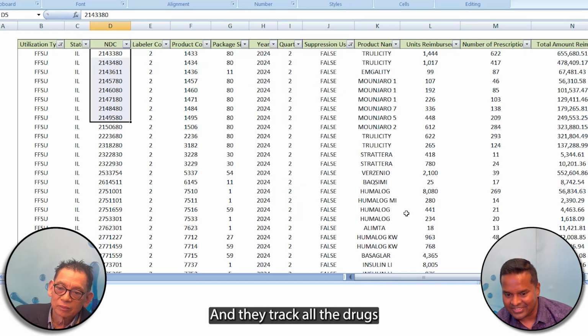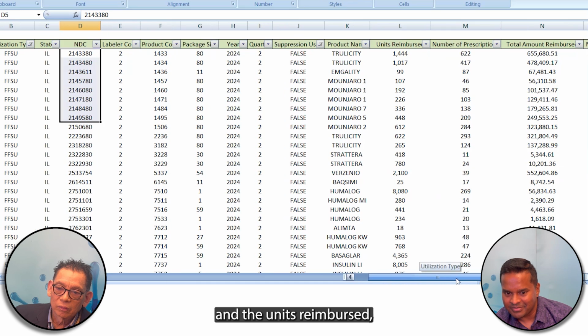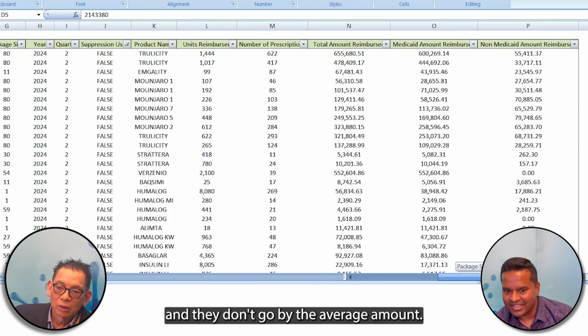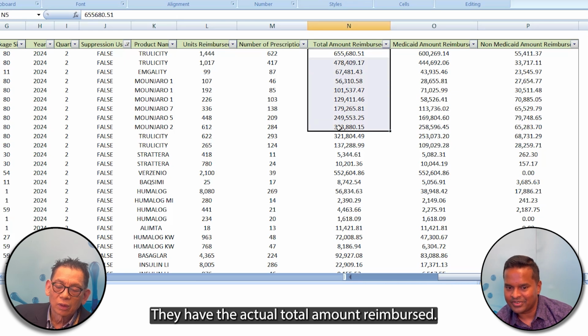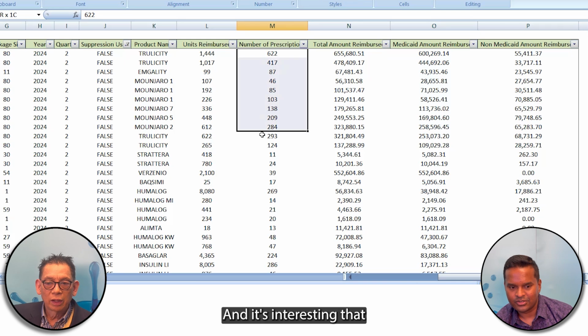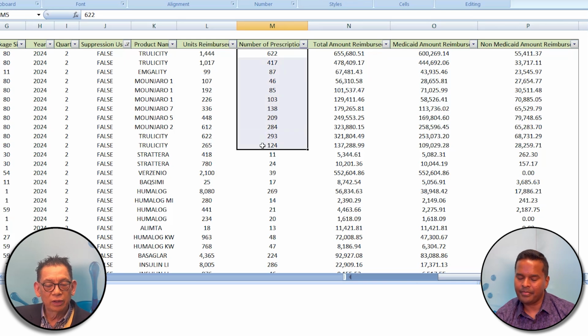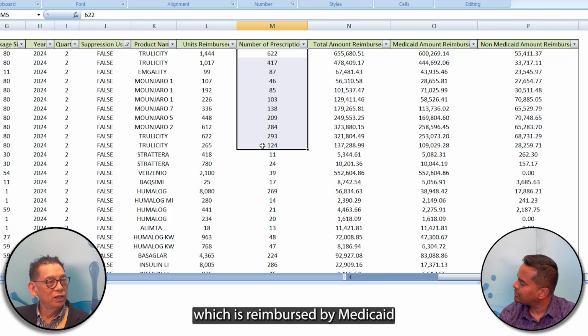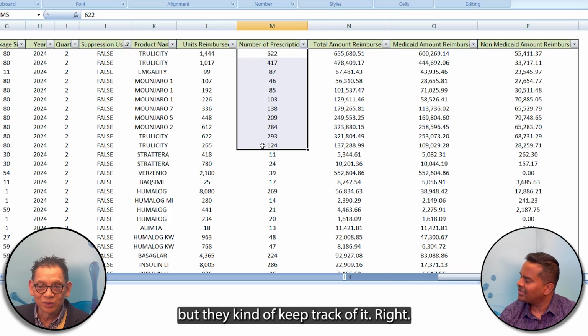And they track all the drugs and the units reimbursed, number of prescriptions, and the total amount. They don't go by the average amount. They have the actual total amount reimbursed. And it's interesting that in terms of Medicaid, you have the amount reimbursed by Medicaid, and then the amount not reimbursed by Medicaid, but they keep track of it.